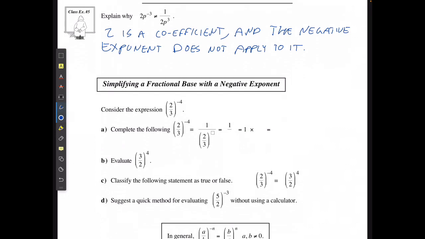If I'm simplifying a fractional base with a negative exponent, anytime I have a rational base like this, remember that the exponent outside the brackets applies to the numerator and the denominator.